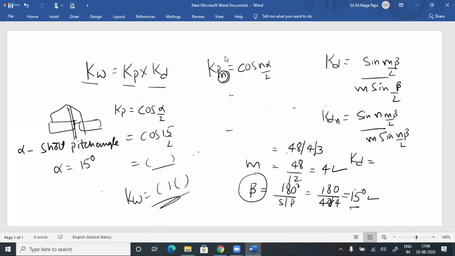The order of harmonics should be multiplied with the angle, not with the sign of the angle. Here also the same, we have multiplied with the angle. So all of you note down this formula. Distribution factor for the nth harmonic, KDN equals sin m n beta by 2 by m sin n beta by 2.